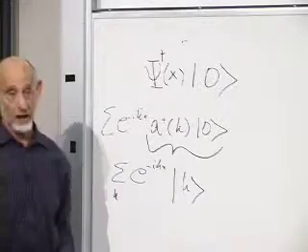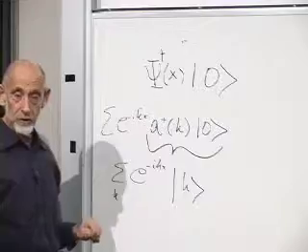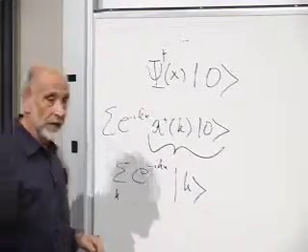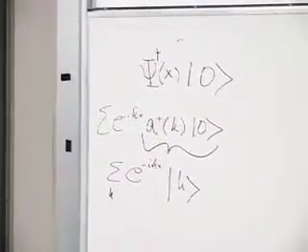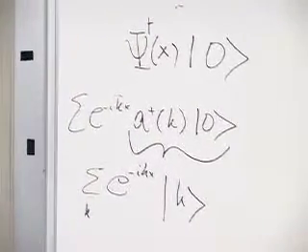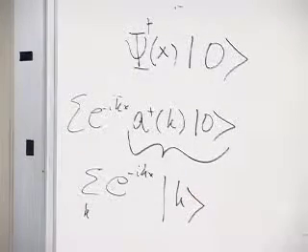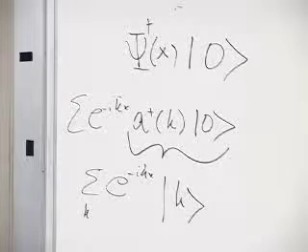It's a position state. It's a state with a definite position. What's the position? x. If you add up momentum states with an e to the ikx, that gives you a position state located at position x. That's one-particle quantum mechanics.